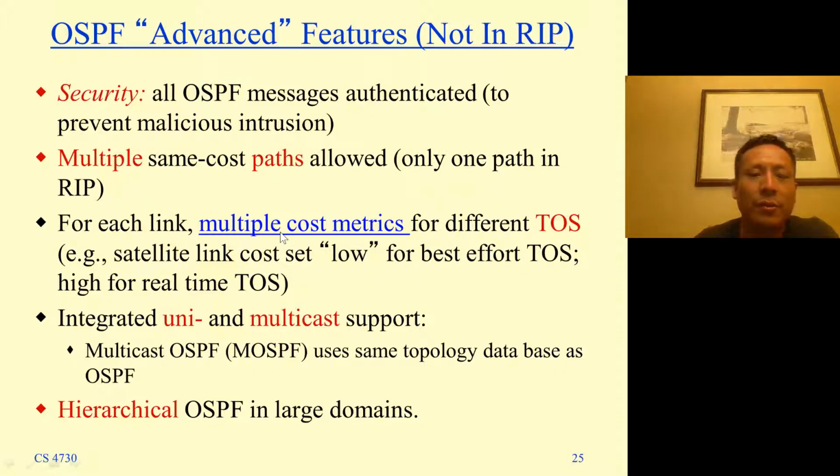That's great because you can decide your routing based on different metrics, either money cost or latency or bandwidth, whatever cost you want to define based on your own need. And security is handled better in OSPF because messages can be authenticated to prevent malicious intrusion, but RIP has nothing in this regard.